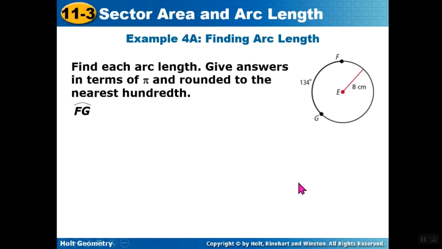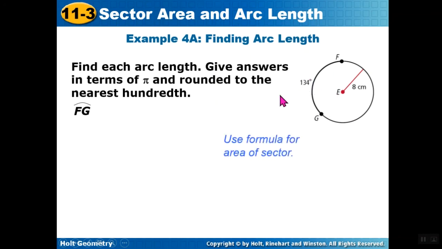How to apply it? This is the first example. Find the length of the arc FG, if you know that the central angle in front of it is 134 degrees. Be careful here, the central angle is not drawn, but they gave you the measure.